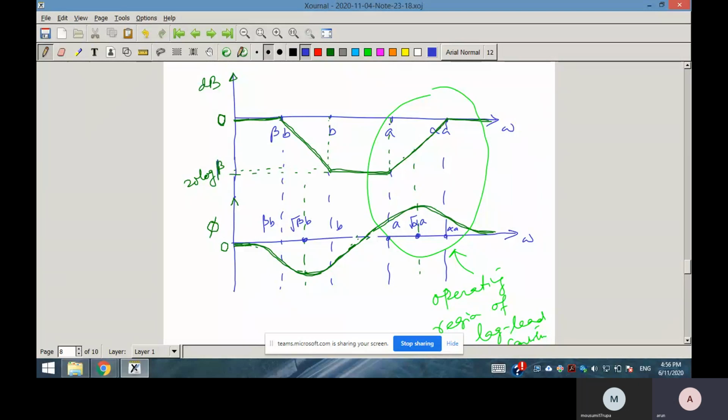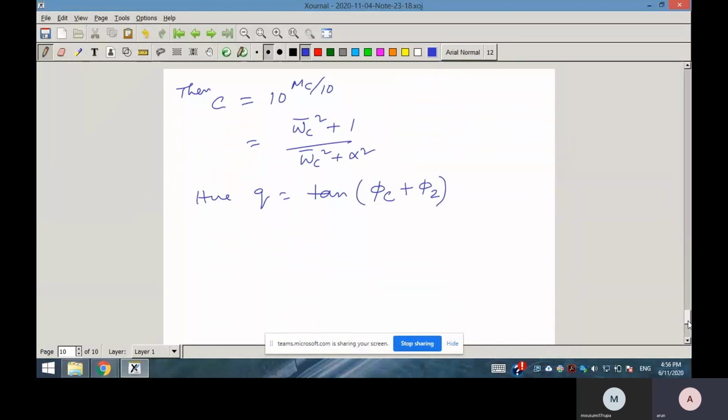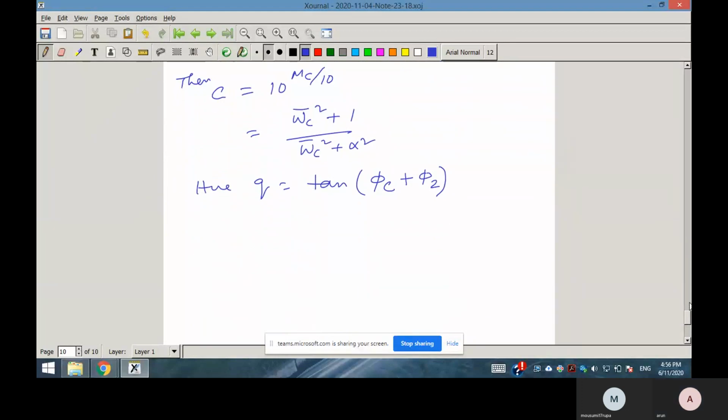But if B and A are not too far away, then whatever phase lead we expect from the lead part only, some amount of negative phase will be provided by the lag part also, because at that time the lag part phase will not become zero. So that's why a little bit of additional phase we have to provide, so as to nullify the phase lag contributed by the lag part.